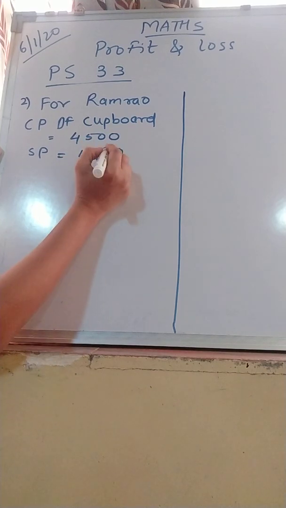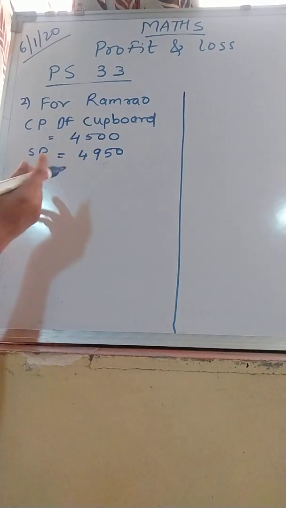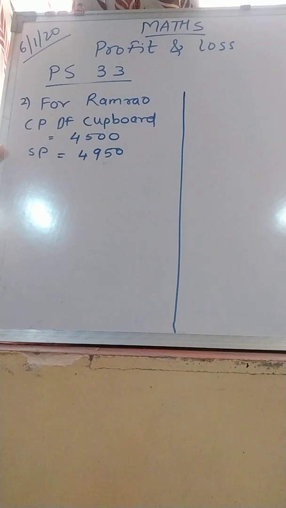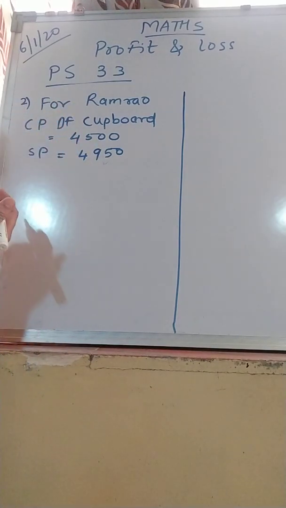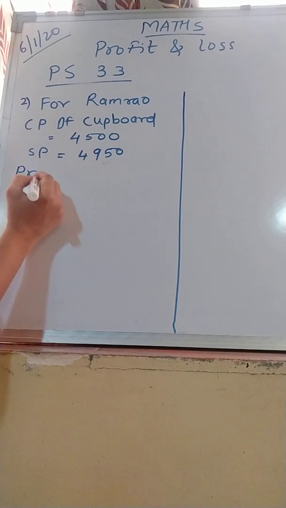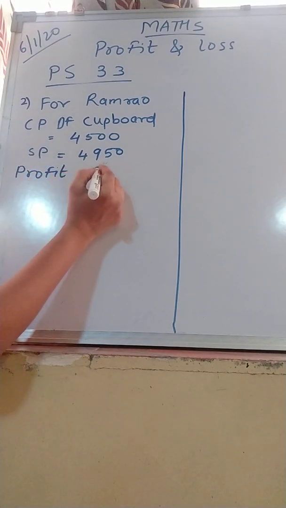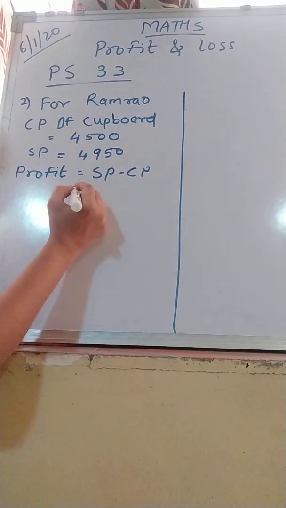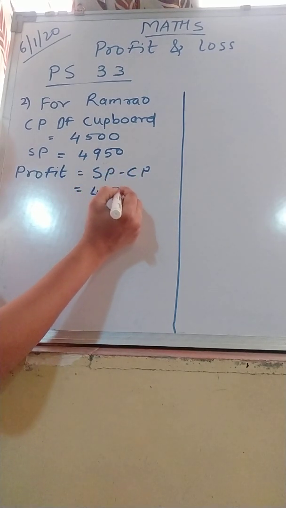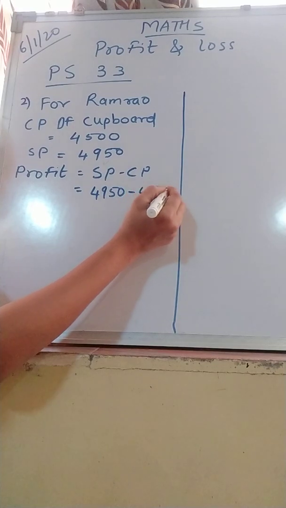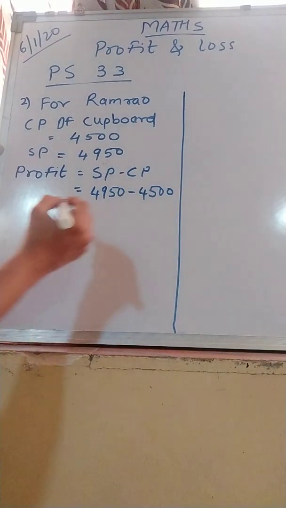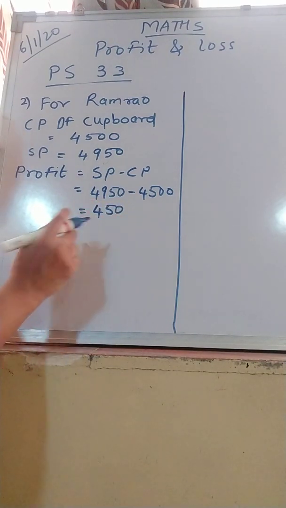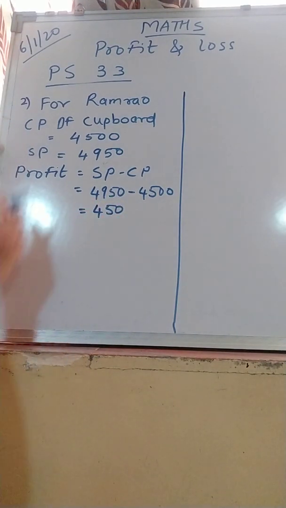Same way, find out the profit. As we can understand from this that SP is greater than CP, so it is profit, obviously. So profit is equal to SP minus CP, 4,950 minus 4,500. Right? What is your answer? 450. Now this 450 is on this cost price 4,500.